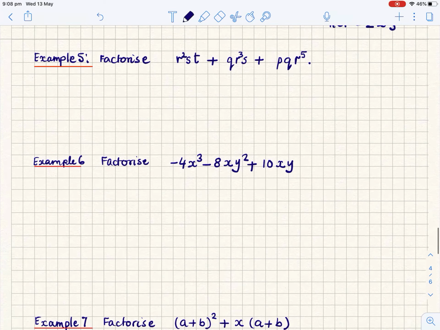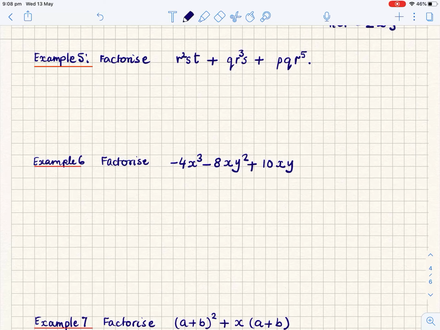Example 5, factorize r squared st plus qr squared s. Actually, r cube s, if I write clearly, r cube s plus pqr to the power 5.